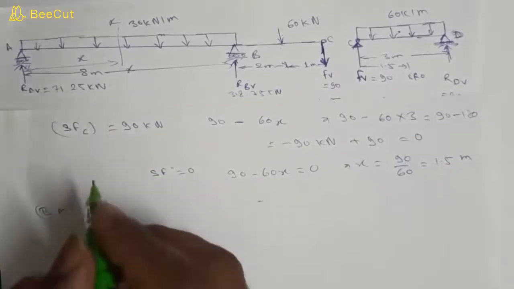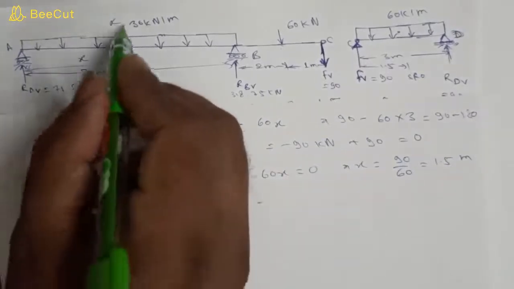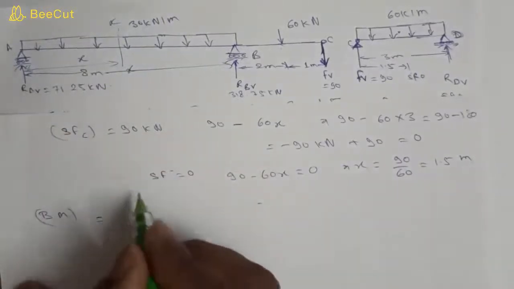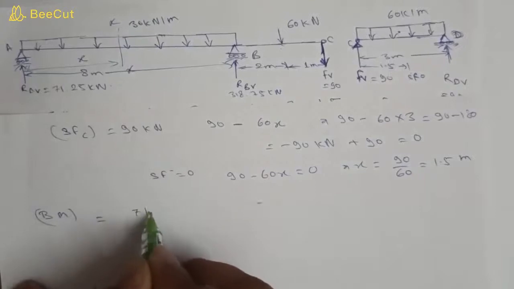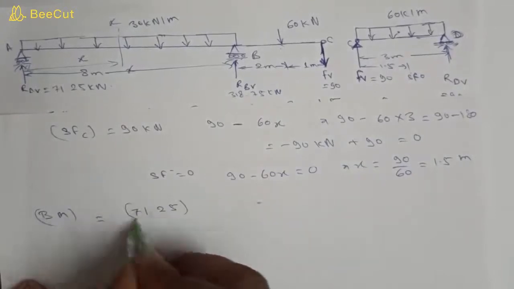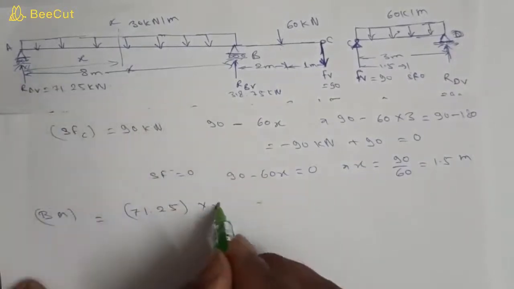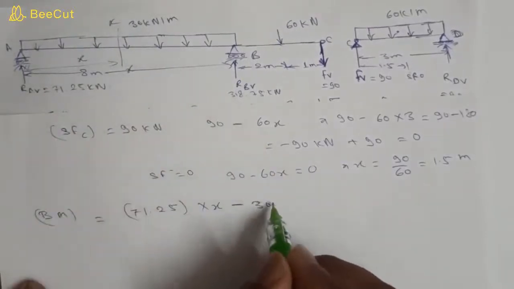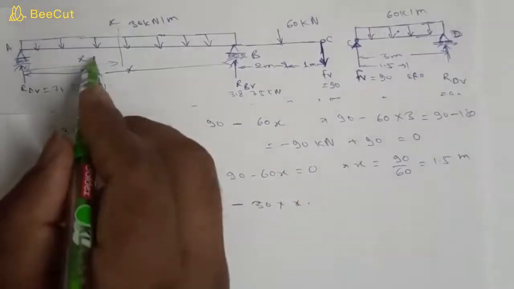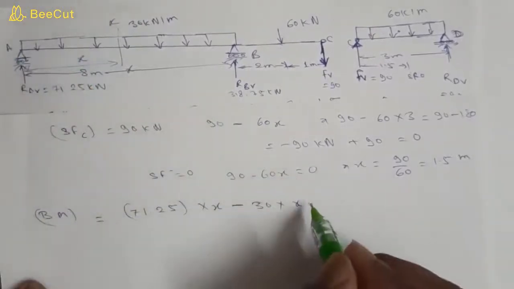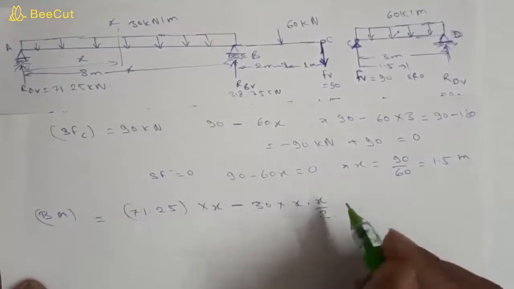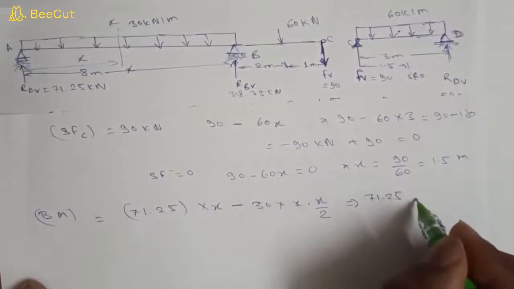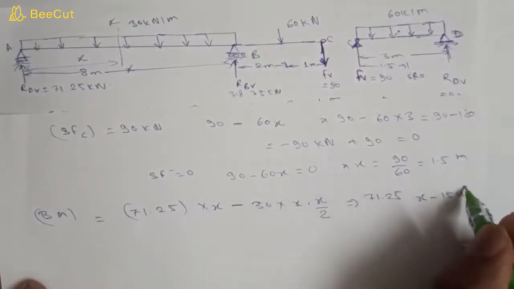Now bending moment in this portion at section XX, which we have considered during the shear force, bending moment is equal to RAV, which is 71.25 into x, minus, due to this UDL, 30 into x into x by 2, which is equal to 71.25x minus 15x squared.